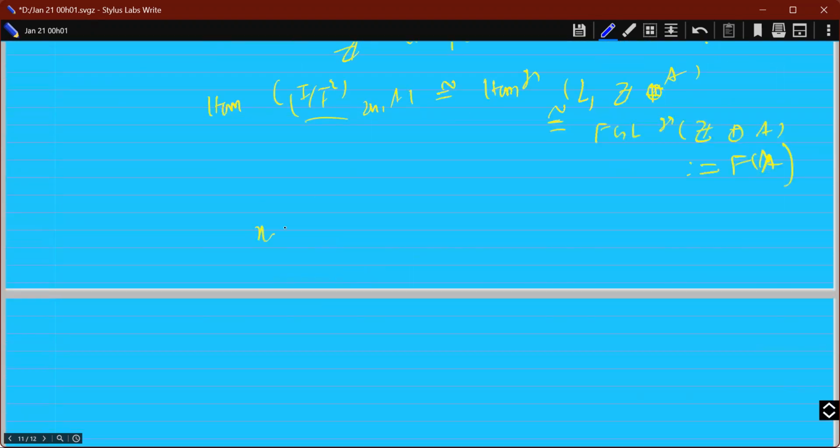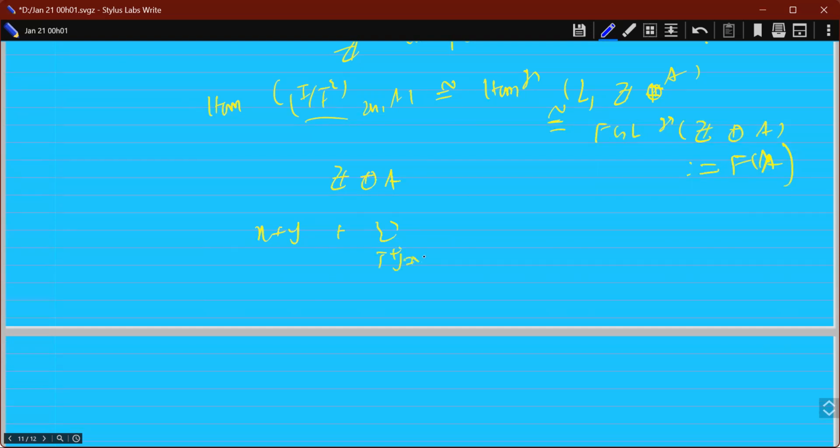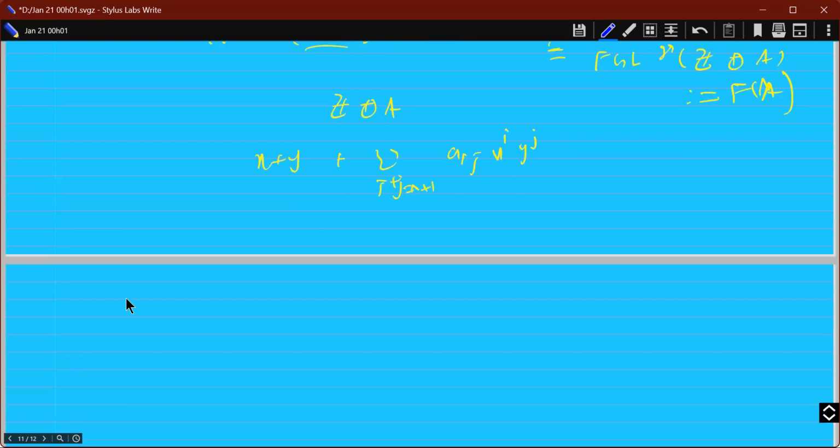It would be a formal group law over this ring, satisfying the desired conditions. This is how it will look like.